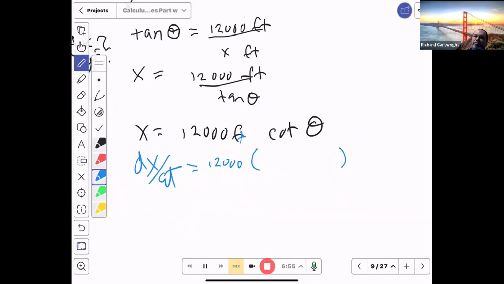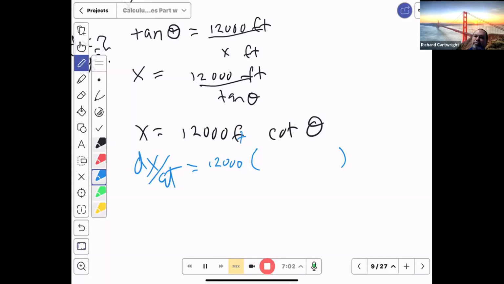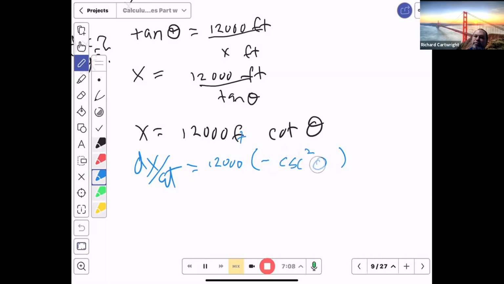I got to work backwards. The derivative of tangent is secant squared. Therefore, the derivative of cotangent is negative cosecant squared theta d theta dt.